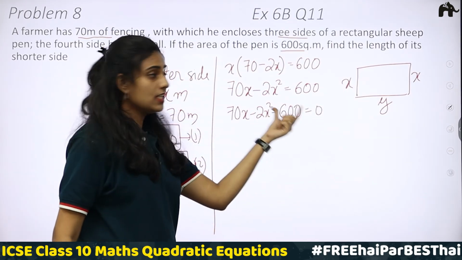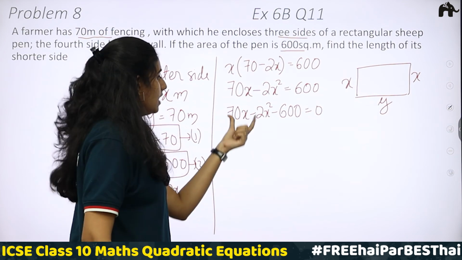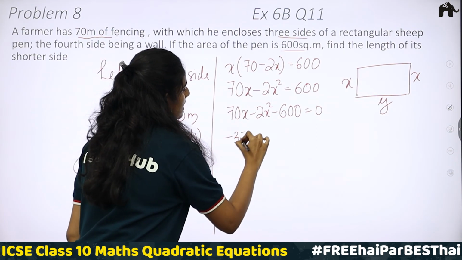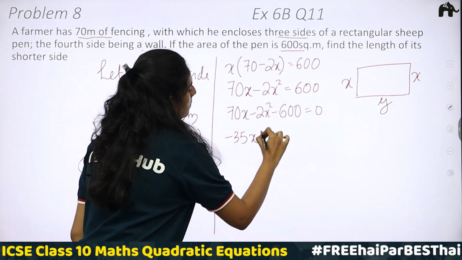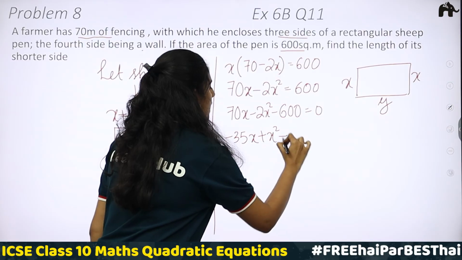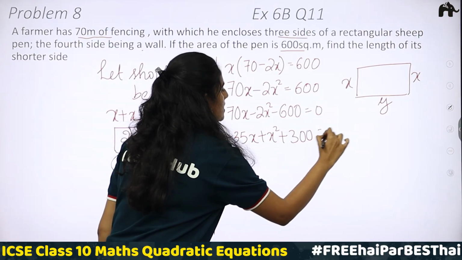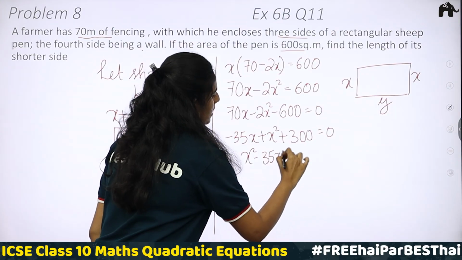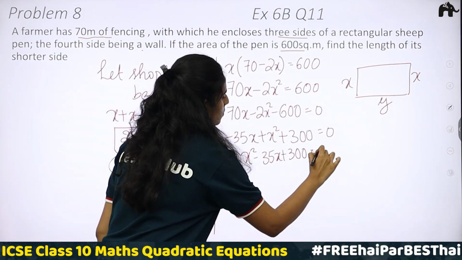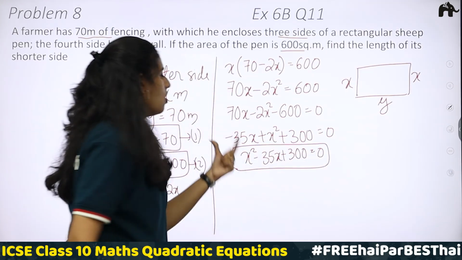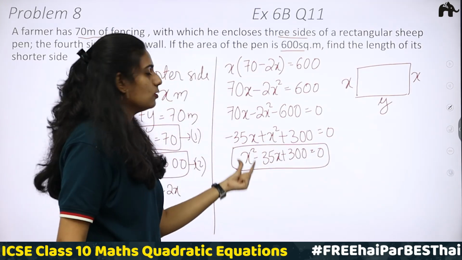Dividing throughout by negative 2 so that we can simplify this, we get minus 35x plus x square plus 300 is equal to 0, or x square minus 35x plus 300 is equal to 0. This is the required quadratic equation. On solving this, we can find the value of x.